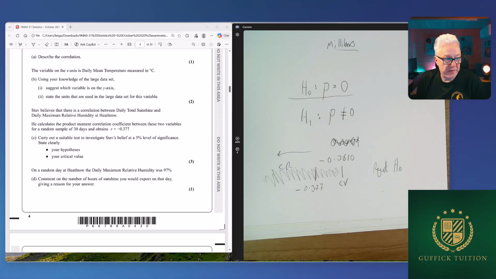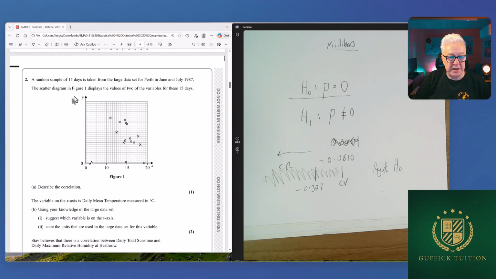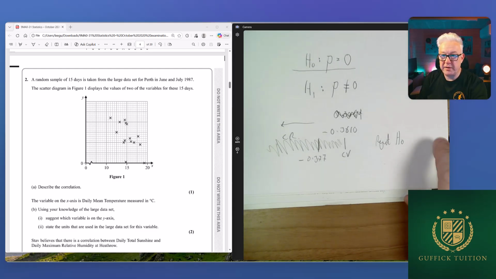So we've got a negative correlation between the humidity and the sunshine. Very high humidity would be associated with lower sunshine. So that's what we should say for that one.